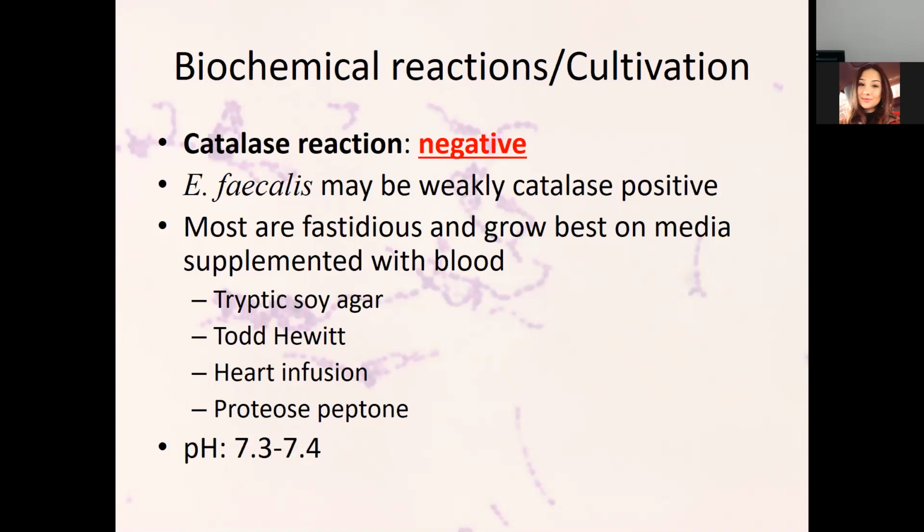And then it's usually TSA2 or something like that. But that's how it grows. So fastidious growth on supplemented blood agar. So if it's there, it's going to grow on the blood. Let's just put it that way.